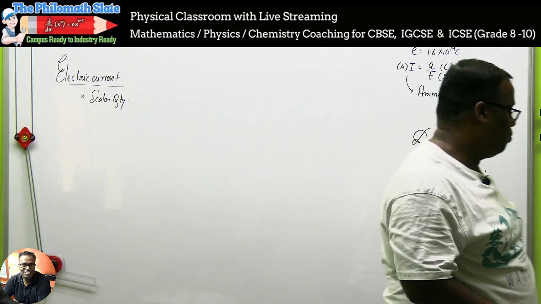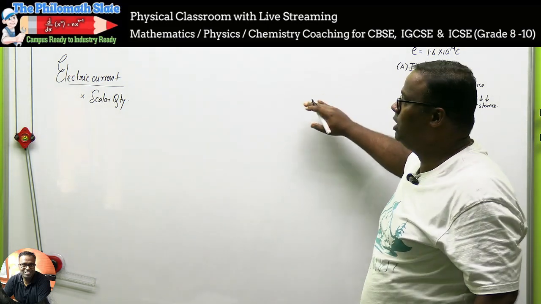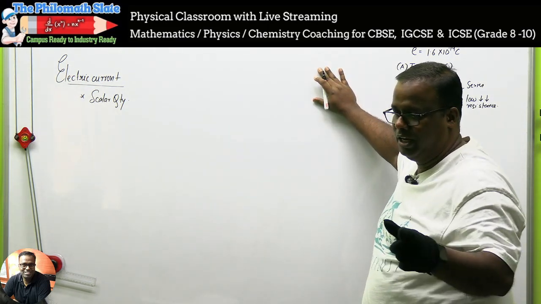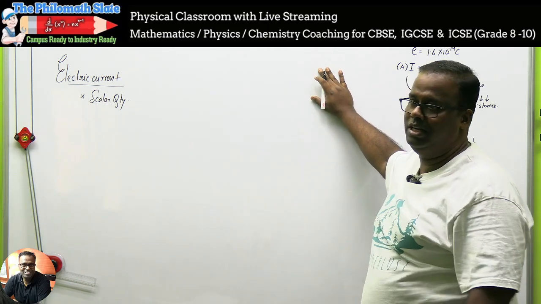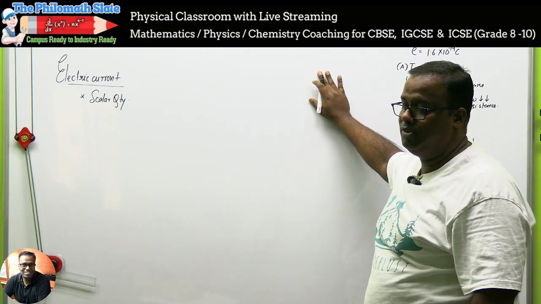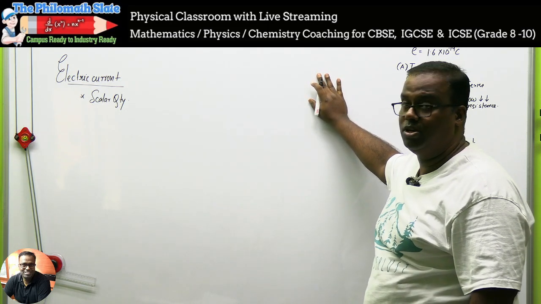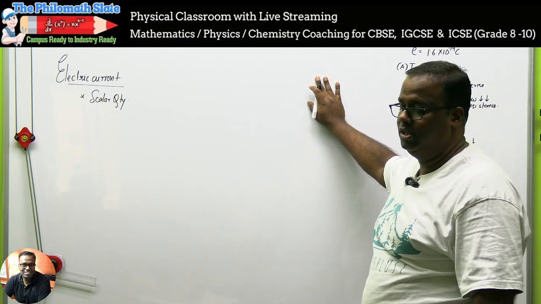Electric current as a quantity does not add up like vectors. The direction that we show to electric current is only either positive or negative. It is not like force, which can be at any angle or in any direction. So electric current is a scalar quantity. If a 1-mark question comes, don't write vector, saying sir, current has got direction. Current is a scalar quantity. Okay?